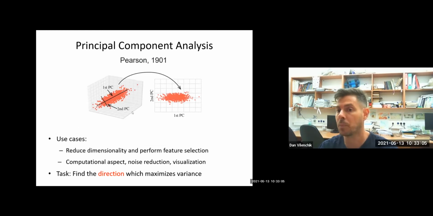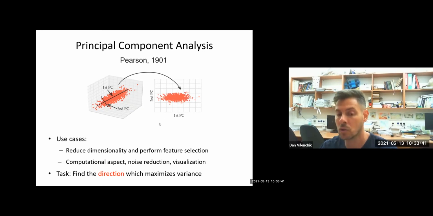The example comes from the problem of principal component analysis. I'm pretty sure most of you are familiar with PCA, but just briefly for those who are not. PCA is a very basic and widely used tool in statistics and machine learning, especially when we have high-dimensional data. Here, for example, we have 3-dimensional data. If we want to project it on 2 dimensions, we can choose 2 features, let's say X and Y, the 2 axes, and project the data.